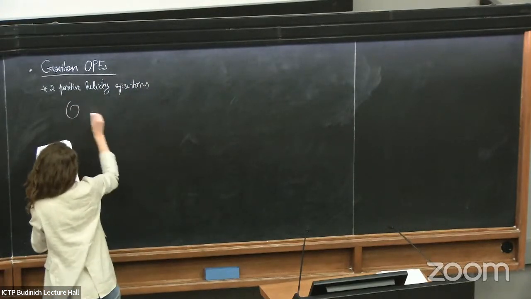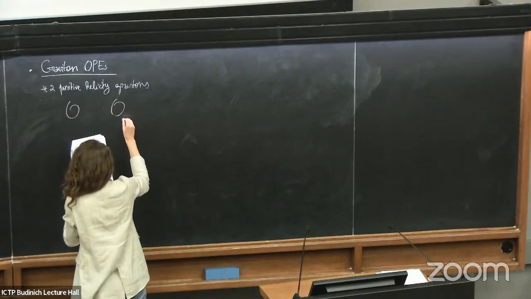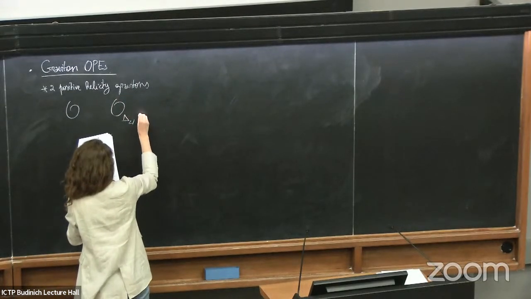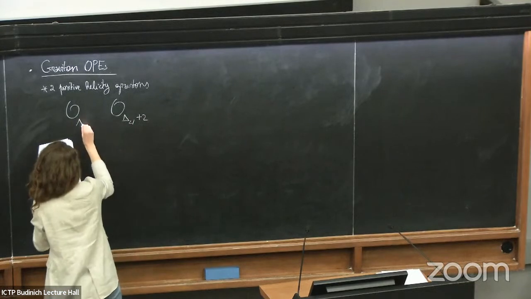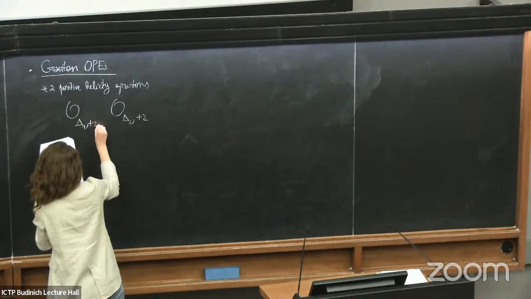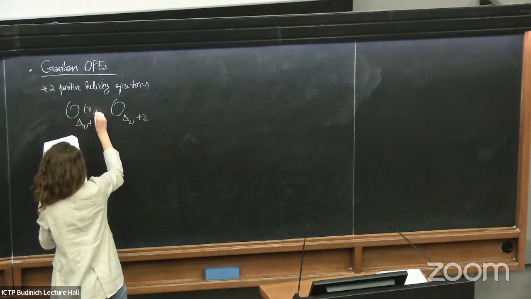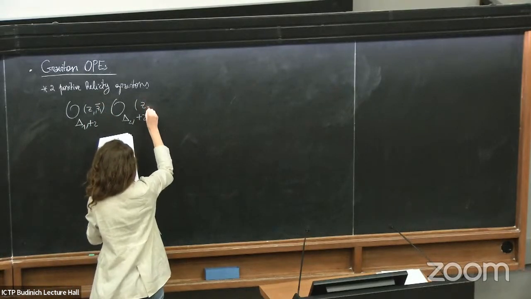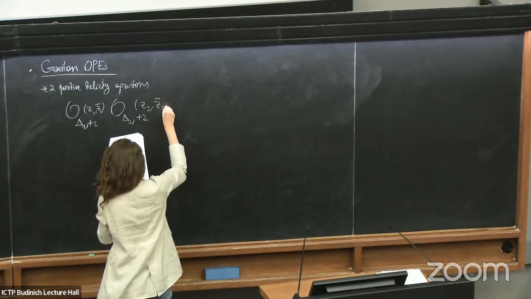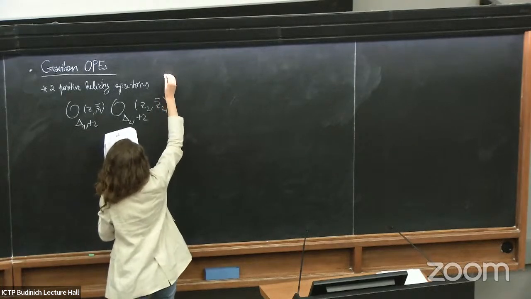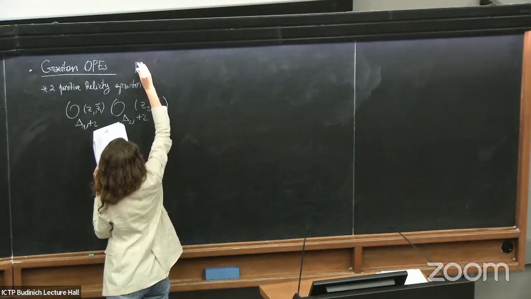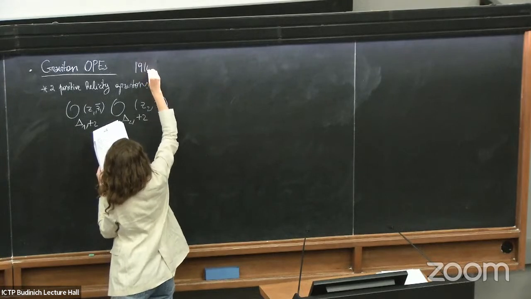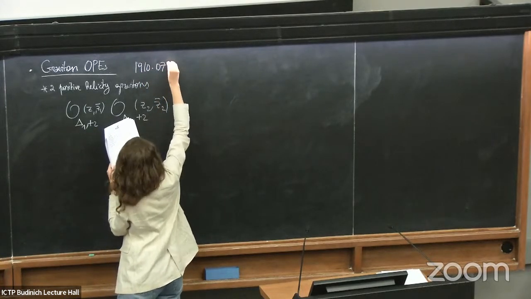These are represented by two operators with j equal to +2, and each carries a conformal dimension. The computation has been done in this paper.